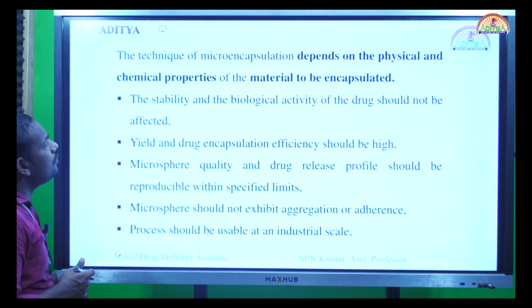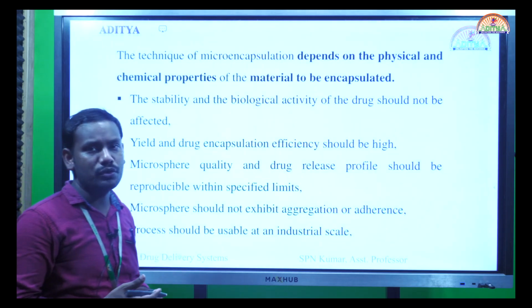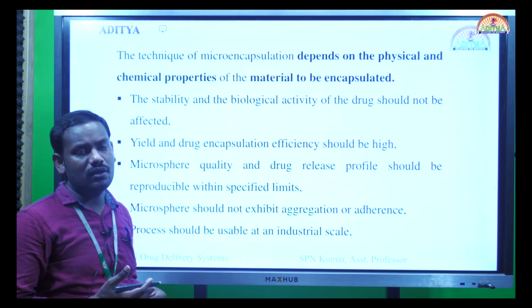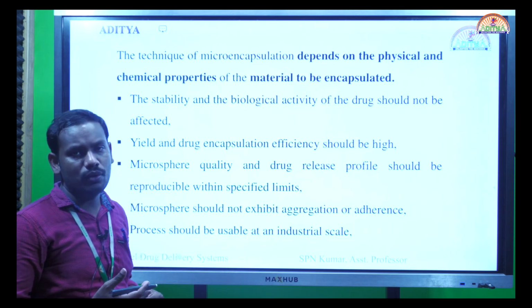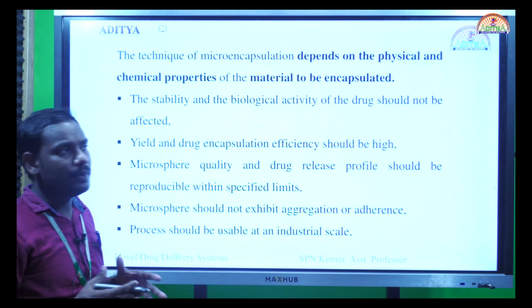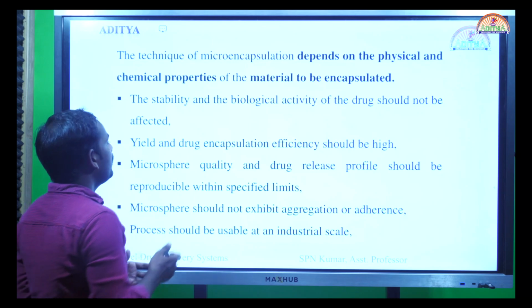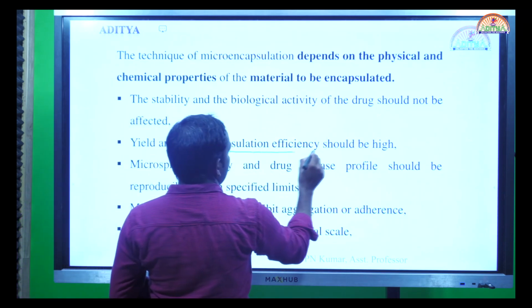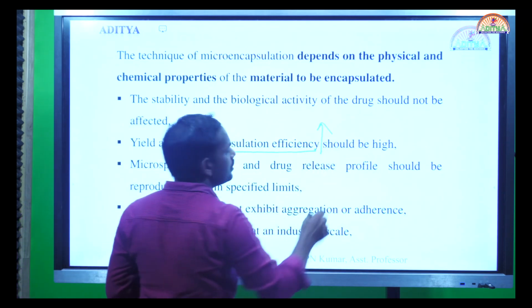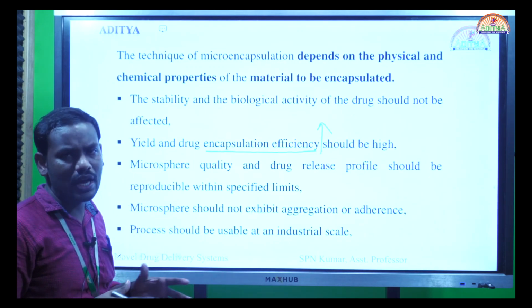So there are a number of techniques of microencapsulation. In the next slide we are going to see a suspension process, spray drying, spray coating, pan coating. Out of all these techniques, which one is ideal? It depends on your drug material or your core material. Suppose you want a very high encapsulation efficiency, we'll go for spray coating or Wurster's process, the air suspension process.